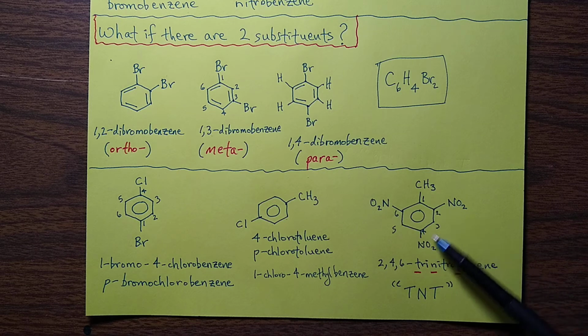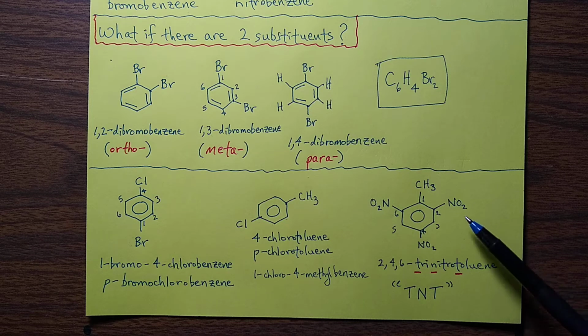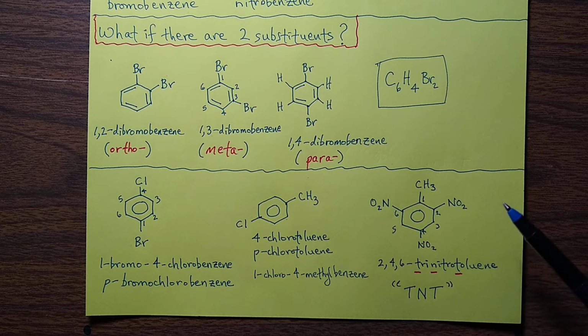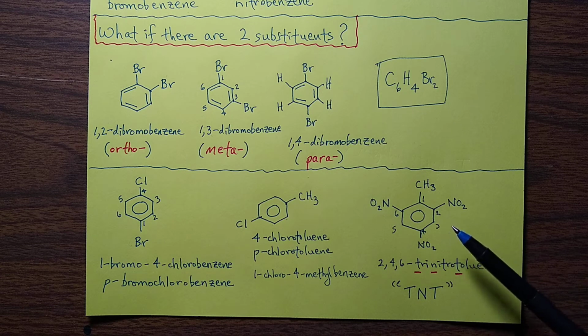But again, NO2 is a very high energy group, so a lot of explosives, like ammonium nitrate, very common explosive as well, it's fertilizer, has the NO3 group. This is NO2, so organic molecules have NO2 as the nitro group. So that's how you name.